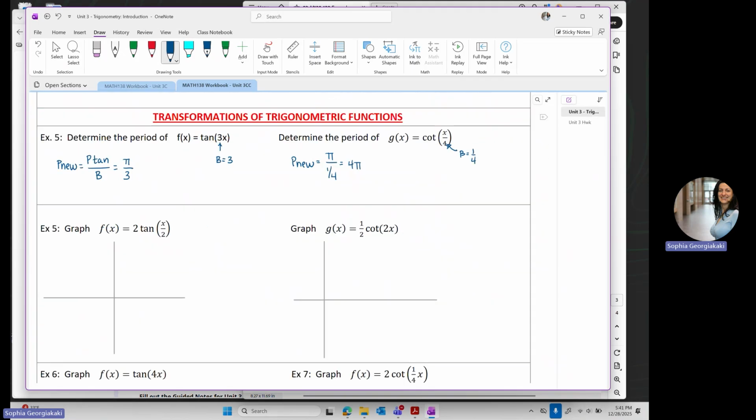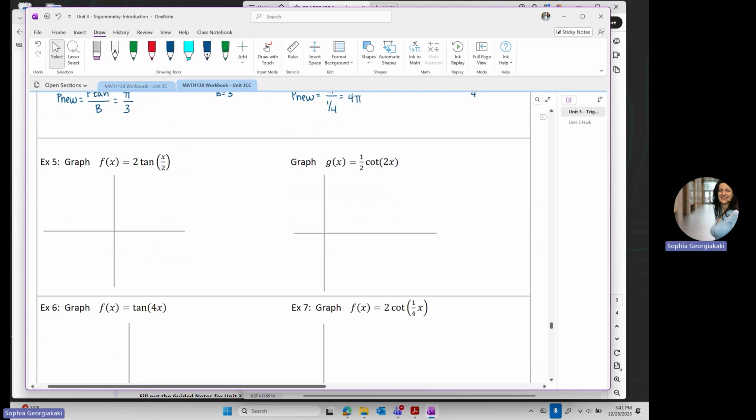Now let's go back to graphing and refresh our transformation skills. I would like to maybe change this to a 3 and maybe change this to a 1/3, because then we will be able to see the difference between the y and the x coordinate.